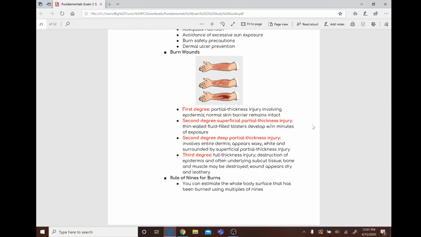What's a first-degree burn? Partial thickness injury involving epidermis, normal skin barrier remains intact. What is a second-degree superficial partial thickness injury?